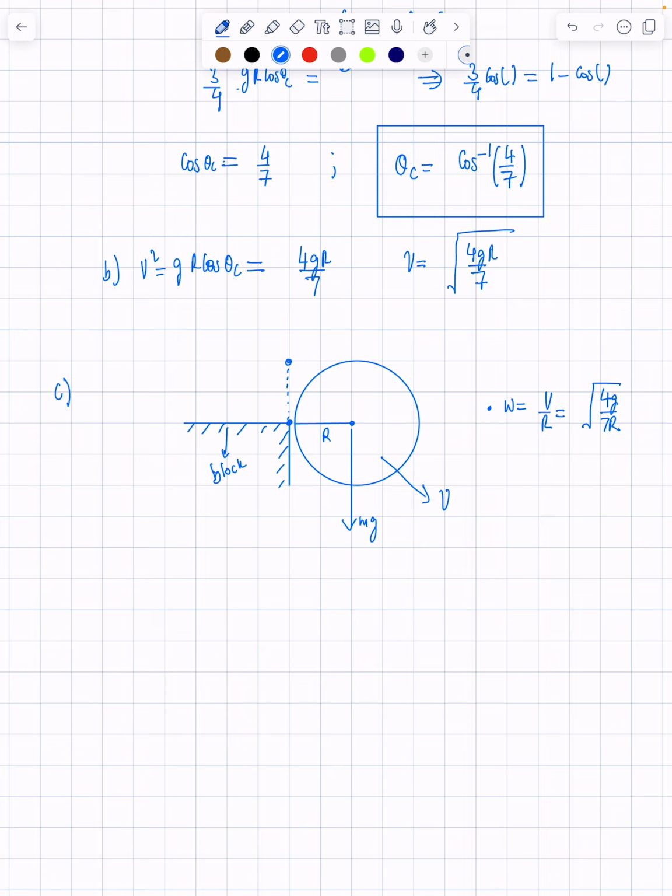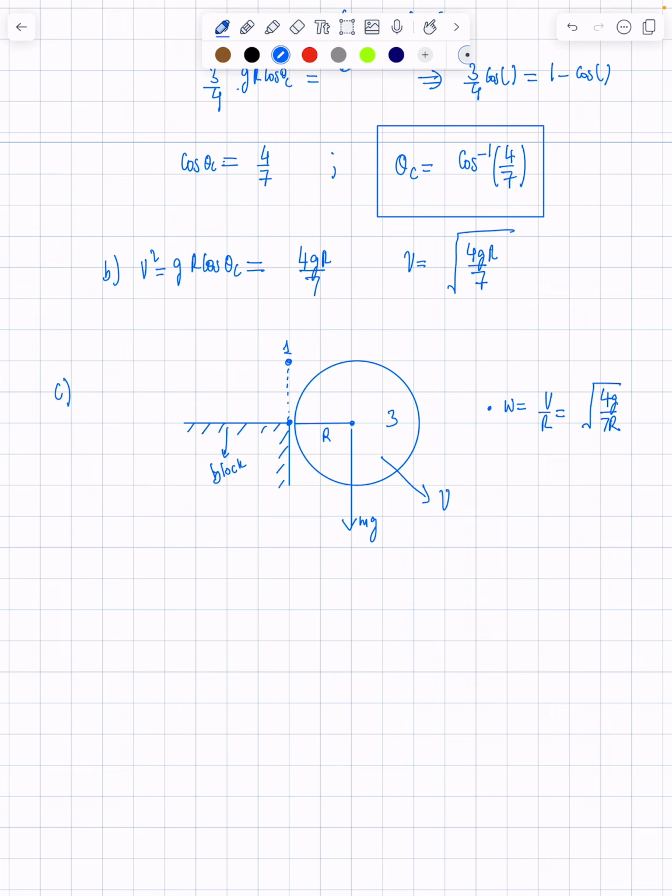So let's call this point 3, and either we can apply energy conservation with respect to point 1 or with point 2. So we can use point 1, that's fine.